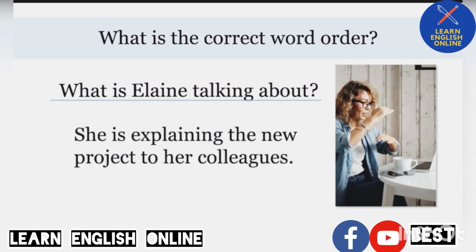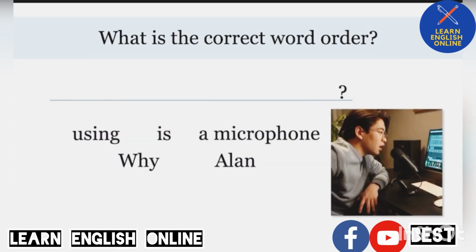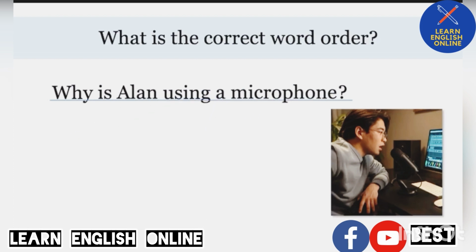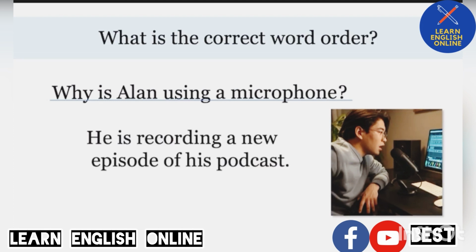She is explaining the new project to her colleagues. What is the correct word order here? Why is Alan using a microphone? He is recording a new episode of his podcast.